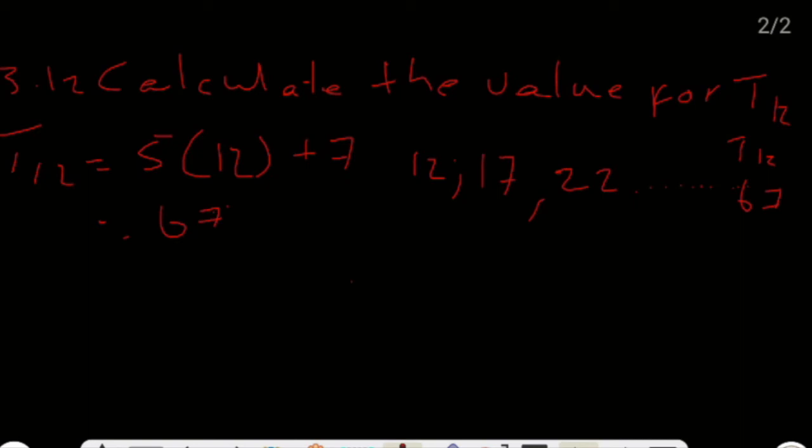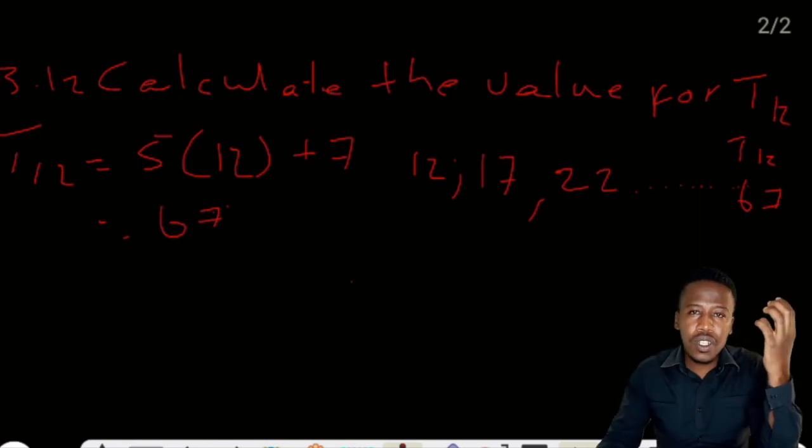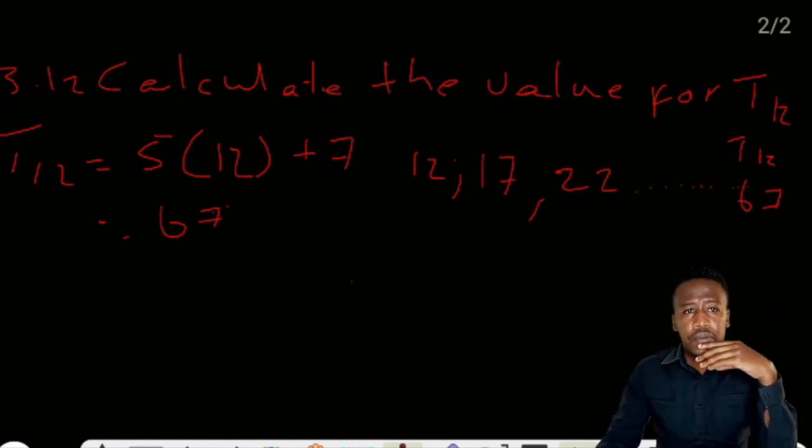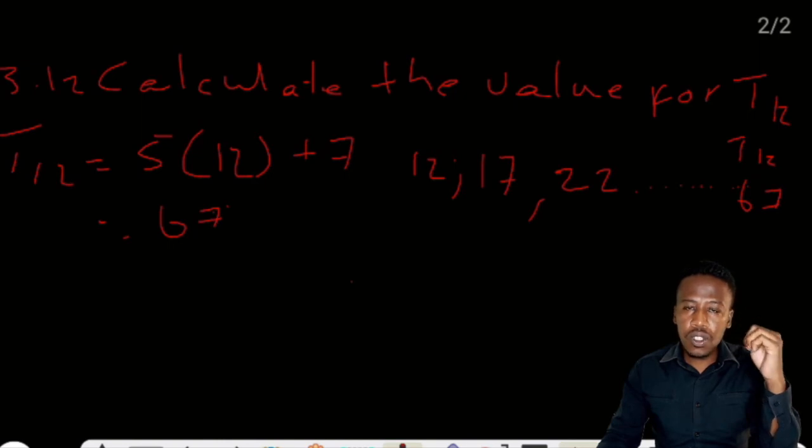So it's much simpler if, after writing your answer, you try to conceptualize it, because you can clearly understand something if you are able to conceptualize whatever you're writing. Don't just write your answer, but try to conceptualize it. They want you to find a value for T12.